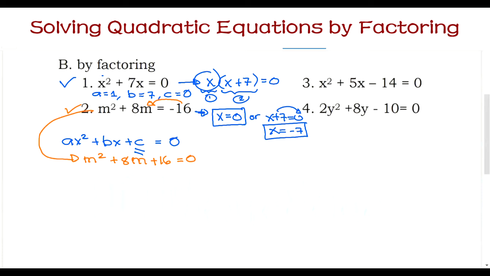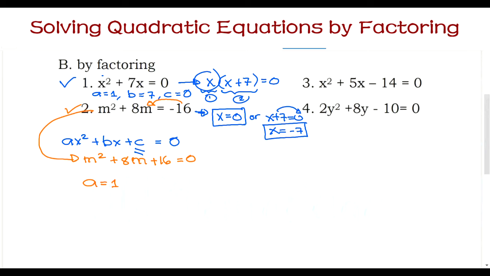Now, we factor. If you recall, there are many factoring methods. So, pwede kayo mag-trial and error. But, if you notice that the coefficient of m squared here is 1, ibig sabihin, a is equal to 1, napakadali lang mag-factor nito.